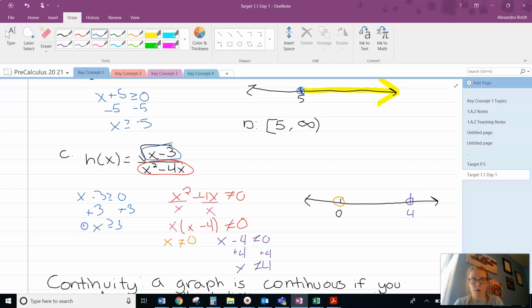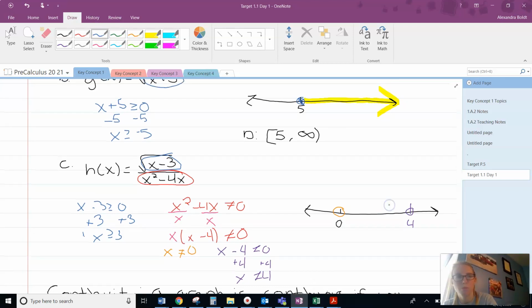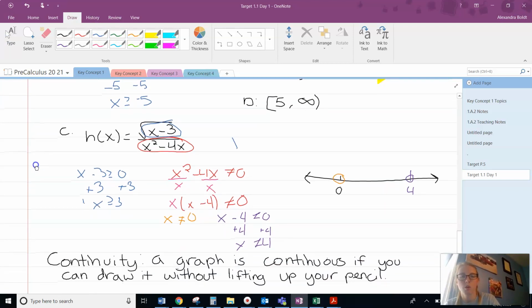And 3 is important, and since x is greater than or equal to 3, I can be that. Okay, now I can't shade in the whole thing because this specific one tells me x is only greater than or equal to 3. So I can only go bigger. So I'm going to go here and here.